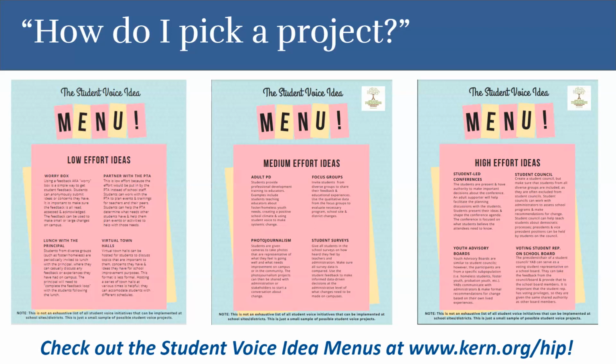If you have more resources and more adult supporters willing to support a student voice initiative, it is highly encouraged that you move forward with a medium or high effort idea, just because you will get even better response for your whole school. However, if you're lacking resources, please at least look at implementing one of the low effort ideas.